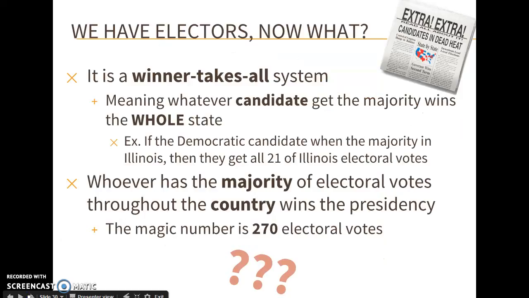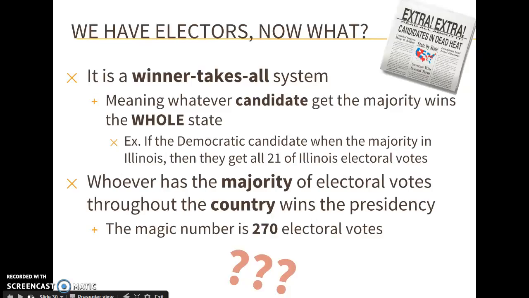So now that you have electors, you have to understand that we have a winner-takes-all system. Whatever candidate gets the majority wins the whole state. And so, for instance, in the election between Donald Trump and Hillary Clinton, Hillary won Illinois.